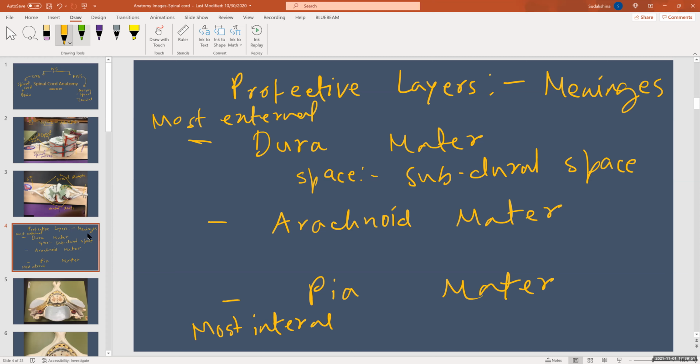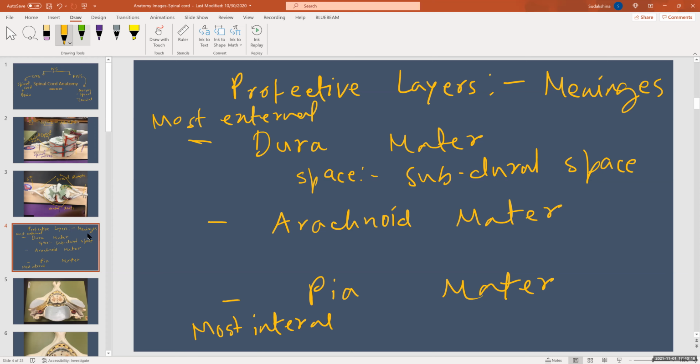So let's say your goal is to rest your probe on the body of the spinal cord. You'll have to first open the vertebral column. Then you will encounter the dural sac, dura mater. Cut that open. The inner lining of that dura mater is the arachnoid mater.